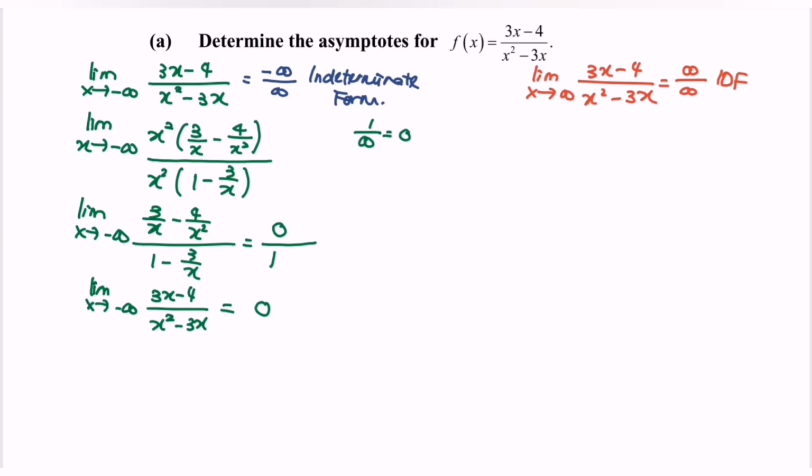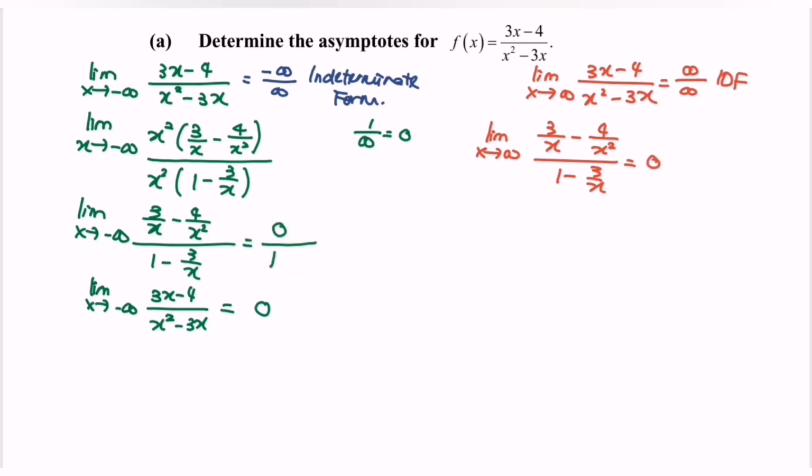Using the same strategy, dividing the numerator and the denominator by the highest power of x in the denominator, which is x squared, we can write (3 over x - 4 over x squared) over (1 - 3 over x). Obviously, the answer will be approaching 0 as well.